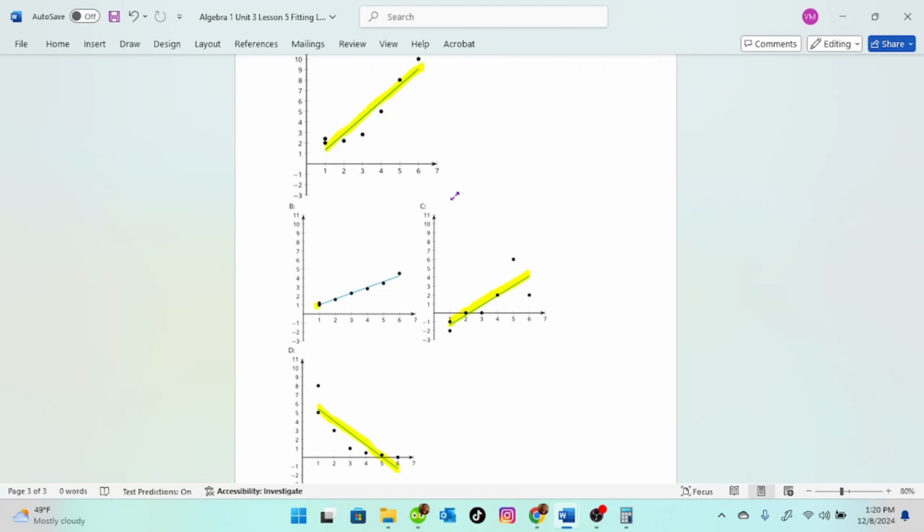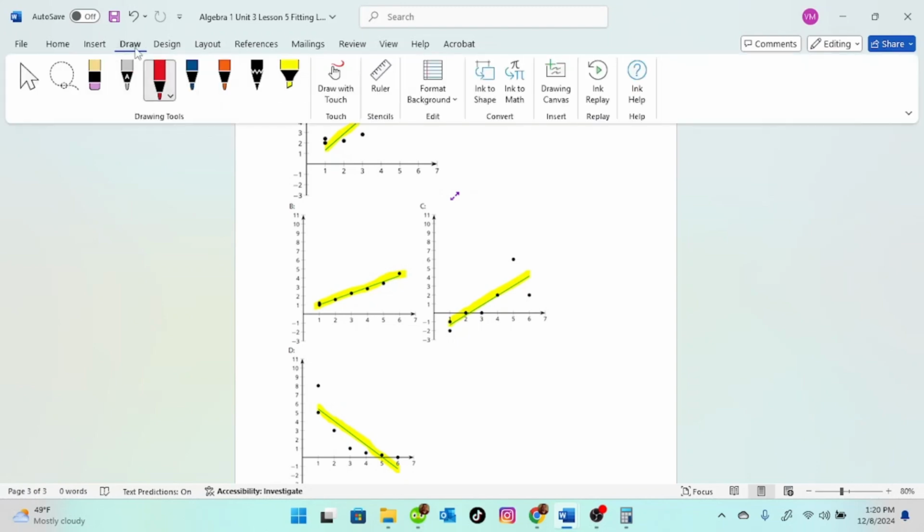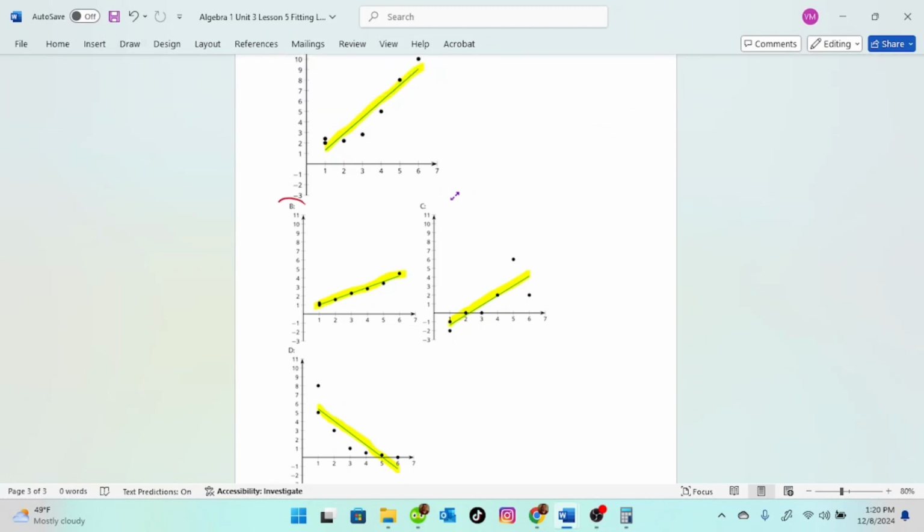But when I look at B, I can get all the points within that highlighter width of the line itself. So B is the scatter plot that is fit best by its line of fit. So we are going to end up with estimated values that are really, really close to their real values when we compare them.